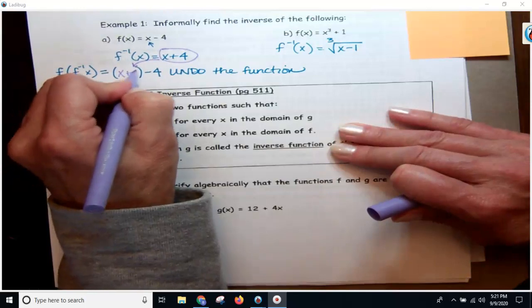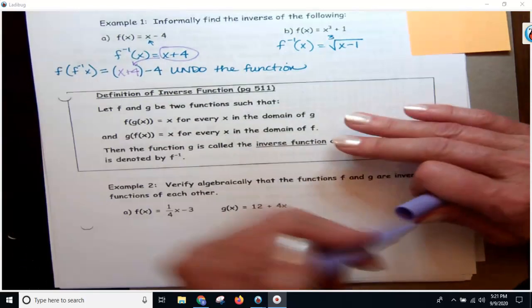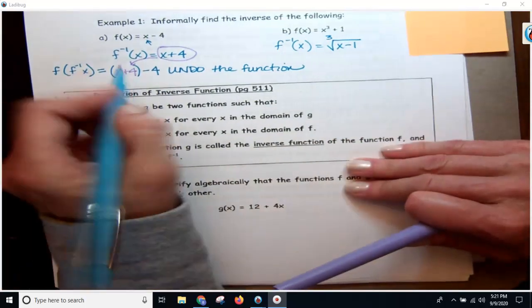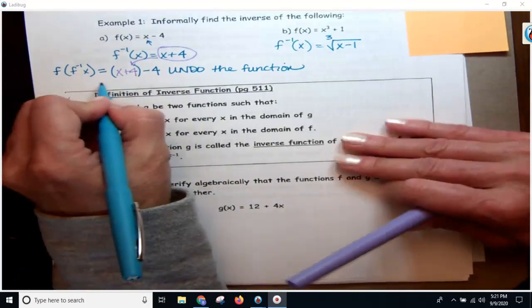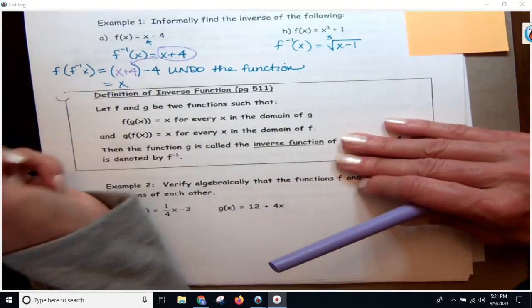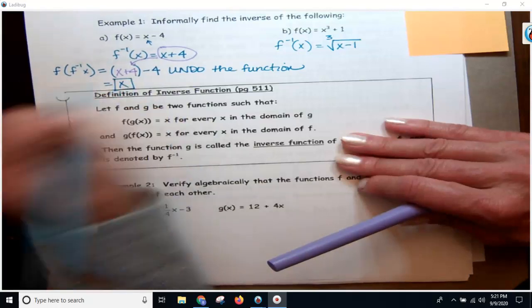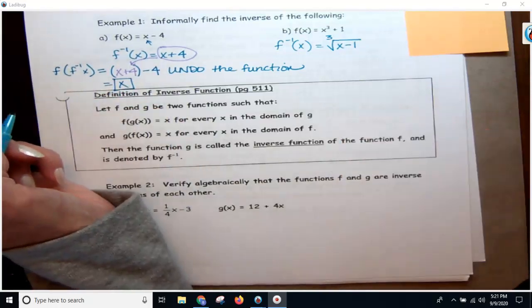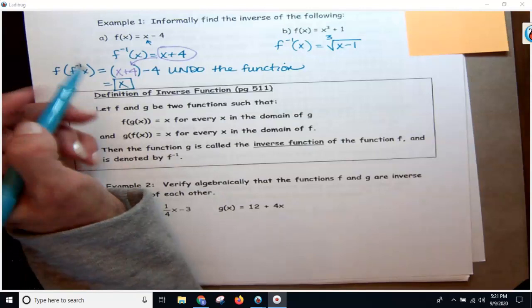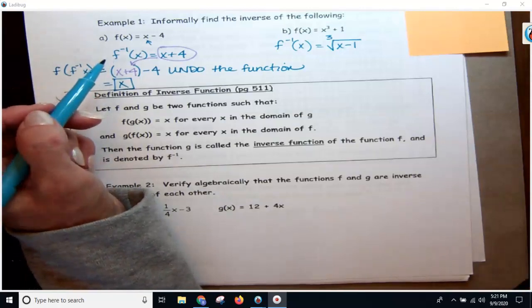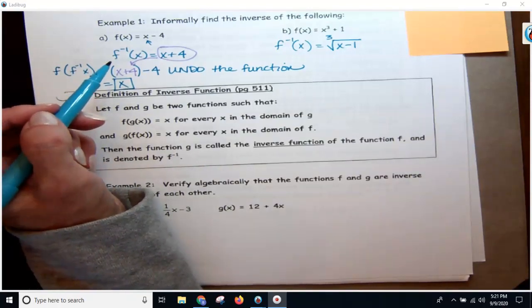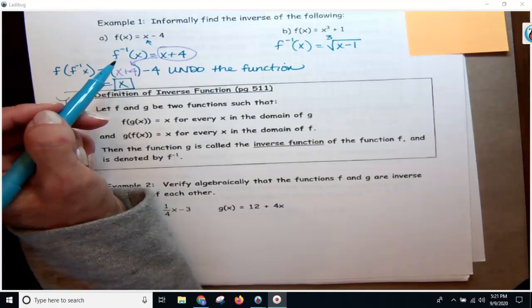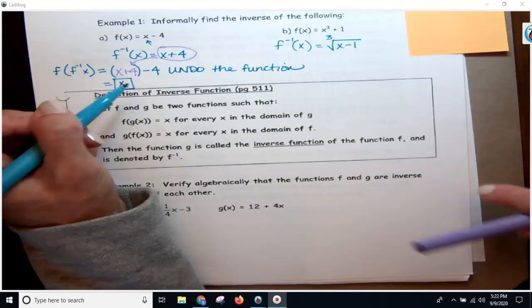So when I work this out, I'll get x plus 4 minus 4, so I would get x. This is the definition. So this is what happens when you have two inverses. When you have a function and something that undoes that exact same function, then you get just plain x.